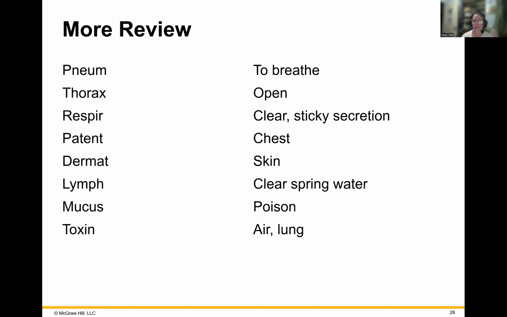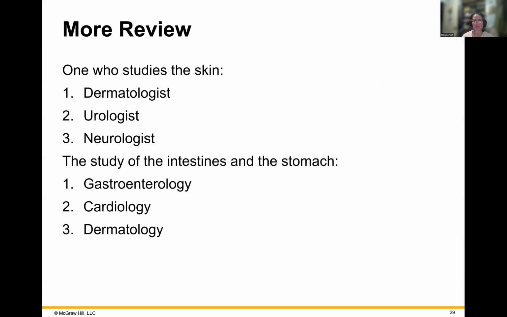The idea is to identify which definition on the right goes with the actual root word or unique form on the left. So, for instance, pneum, that very top one, it actually means air or lung. So you're supposed to match them up. Respir means to breathe, which is the top one. So see if you can identify the meanings of the terms and match them up.